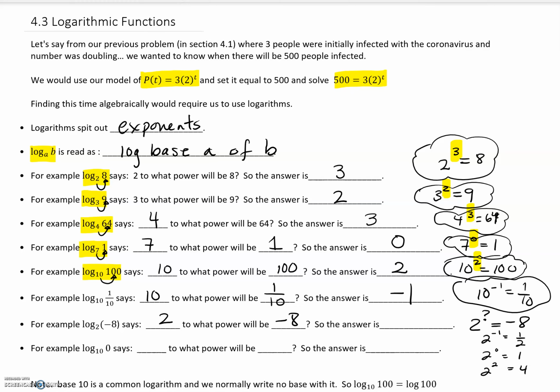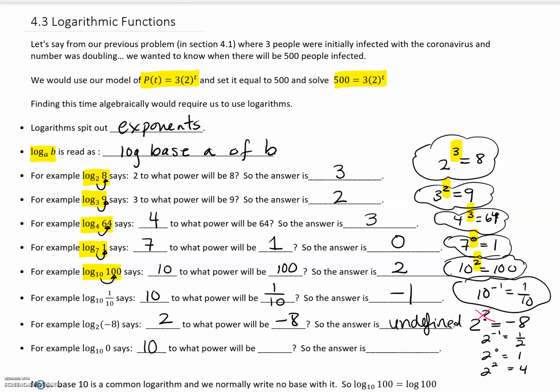There is no exponent that will pop out -8, because whenever I raise something to an exponent, it's going to give me a positive number. If my base is 2 or 5 or 10 or 11, the minute I raise it to an exponent, it's going to spit out a positive value. So the answer we'll say is undefined. No exponent exists.